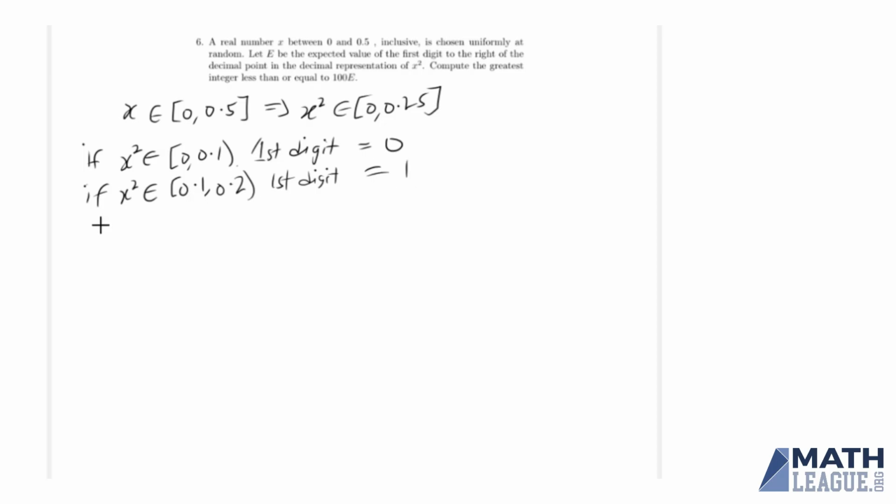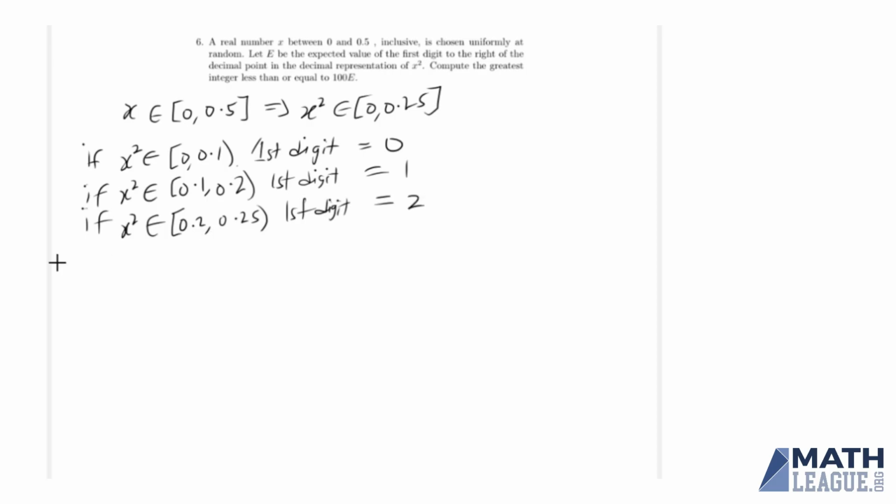And if x squared belongs to the sub-interval 0.2 to 0.25, then the first digit after the decimal point is 2.